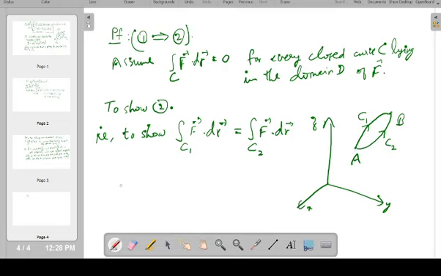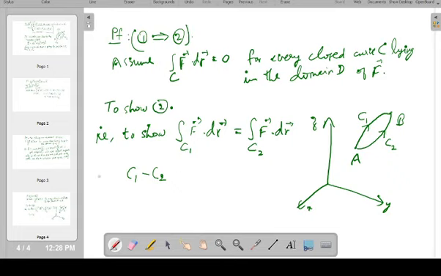So how do I express that closed curve? I will express that closed curve as C1 minus C2. What is minus C2? Minus C2 is the opposite curve of C2.